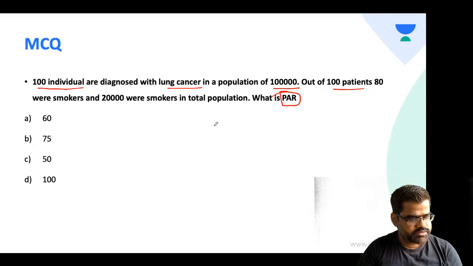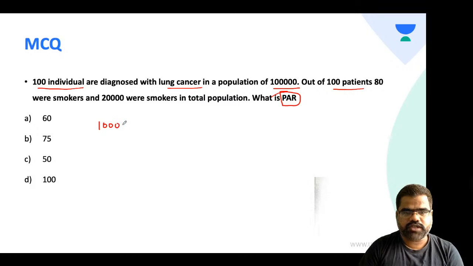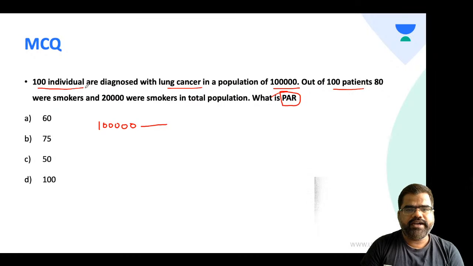Anyone? Can anyone do? Okay, let's try to understand this. Let's try to solve this. So what is the total population? I write the total population as 1 lakh. In 1 lakh, 100 individuals are diagnosed with lung cancer, right?